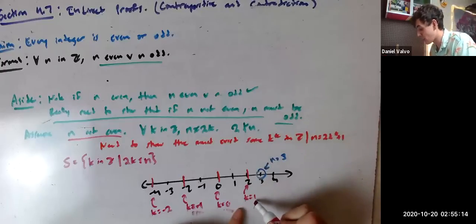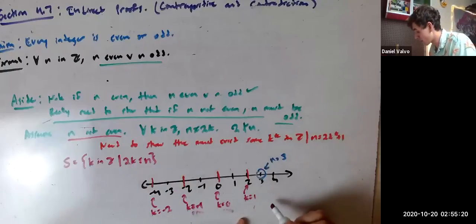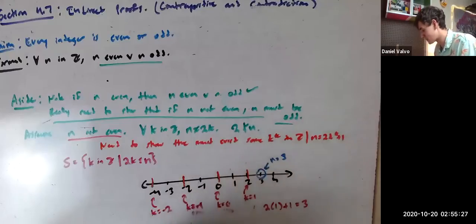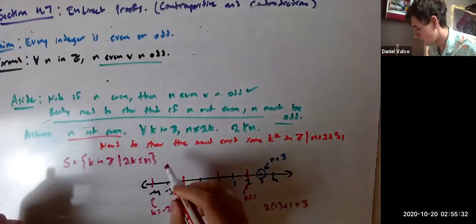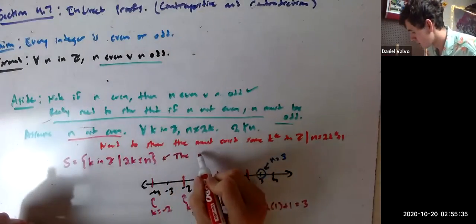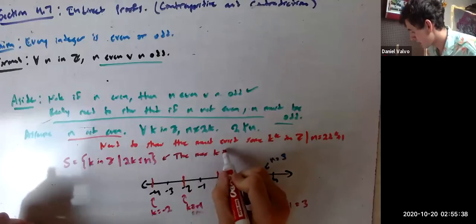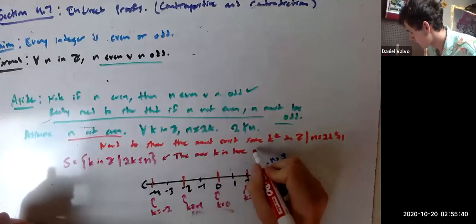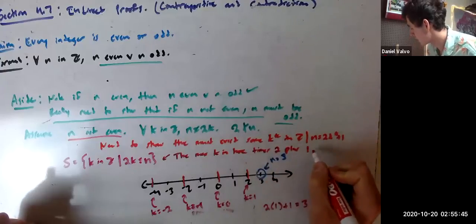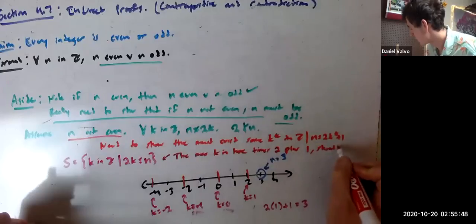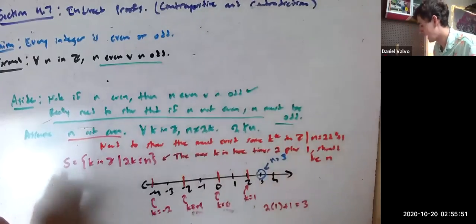So the biggest k that you can multiply by 2 and be less than or equal to n is k equals 1. But then notice that 2 times 1 is 2, plus 1 equals 3. The point is, the max k in here times 2 plus 1 should be n.